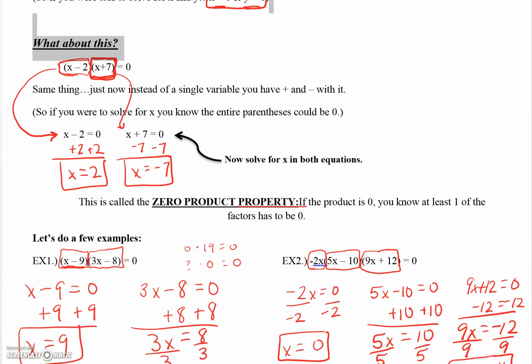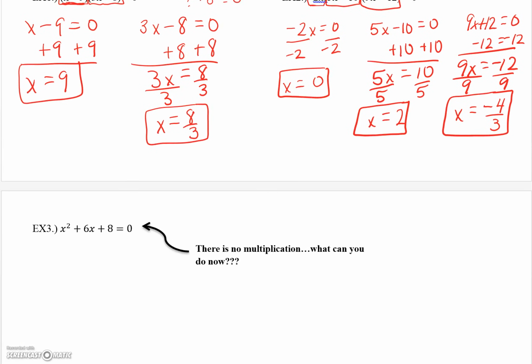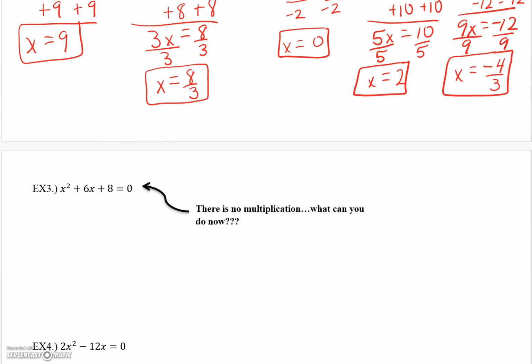Well, then when you look down here at example 3, are all of the x's raised to the first power? Well, I hope you're saying no, because take a look at this. We have an x squared now. So we have an x squared and we have an x together at the same time.